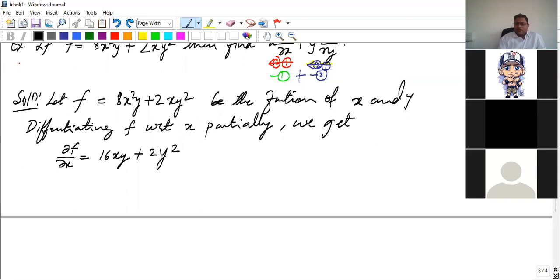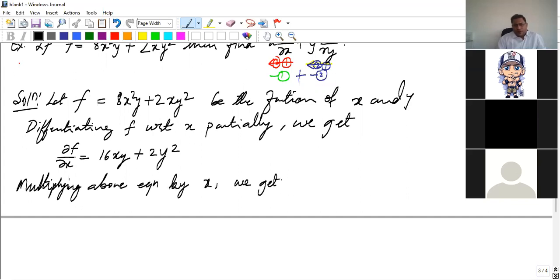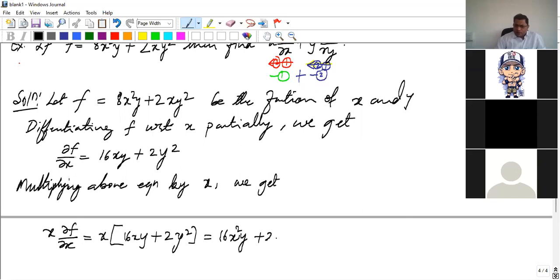Now, second step, multiply this by x. So multiplying the above equation by x, we get x double f by double x is equal to x times 16xy plus 2y square, so it is going to be 16x square y plus 2xy square.